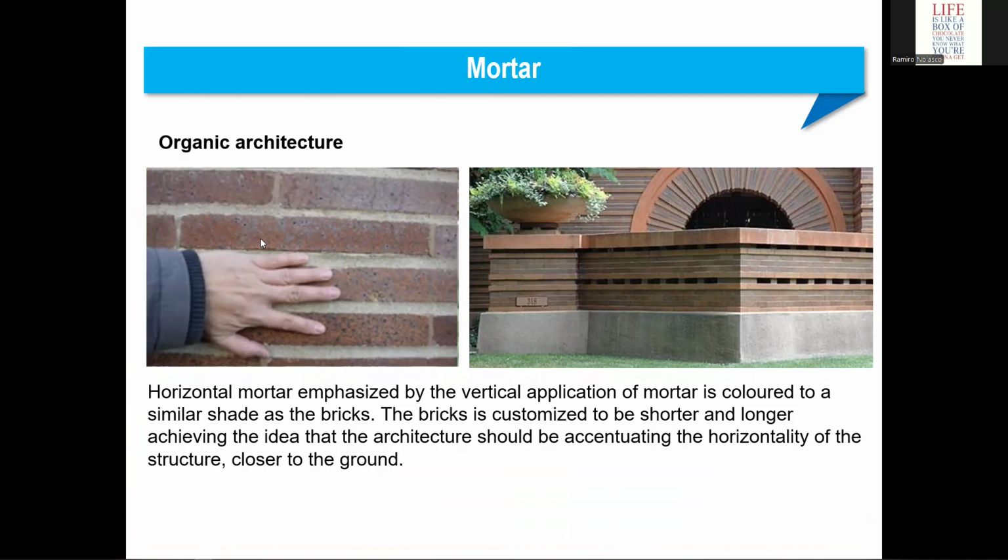To really accentuate the horizontality, the mortar here is colored so that it is in the same shade as the brick. And then contrast is used for the horizontal layer of the mortar to accentuate again the horizontality. So if you look at the brickwork here, it looks like those are straight, long lines of bricks.